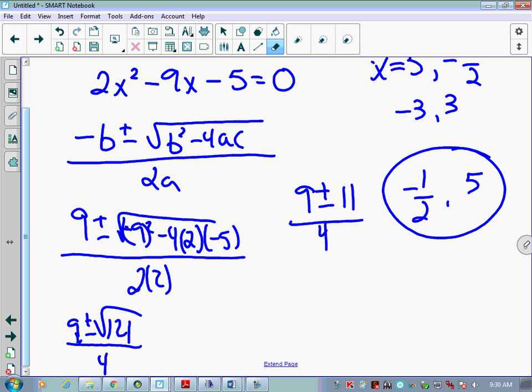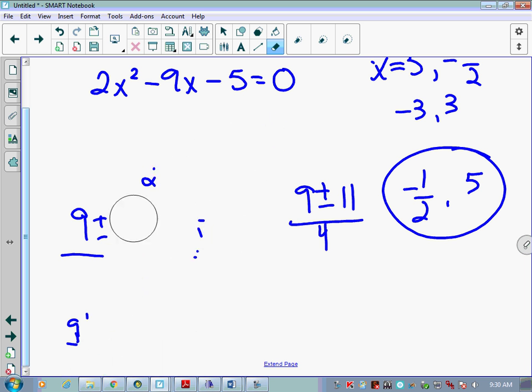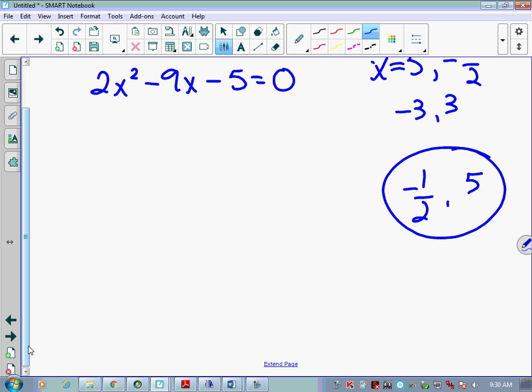So those are the answers, and if you didn't want to do that, how else could we have done it? Well, we could have also factored, okay? Which means we can do this, where I have a 2x and an x because I need a 2x squared. So 2x times x is 2x squared. We know that we're going to get a negative, so we're going to have to multiply by two numbers that are going to be a negative.